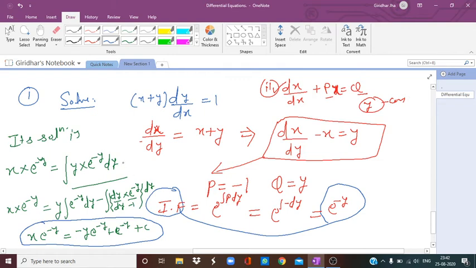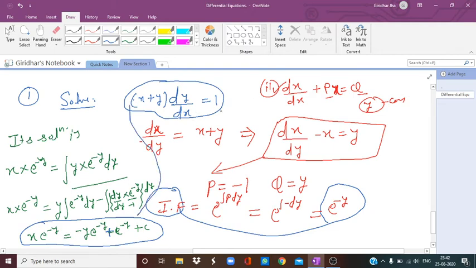By parts we did here. I believe all of you know by parts, how to integrate u into v: the rule is u outside, v integration, minus derivative of u, and then again integration of v, and then again we have to integrate this, so this one came. Okay. So the solution of x plus y dy by dx has come, dear.